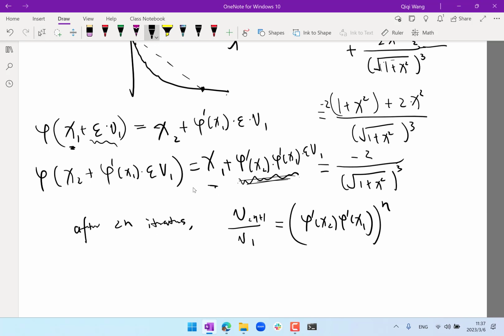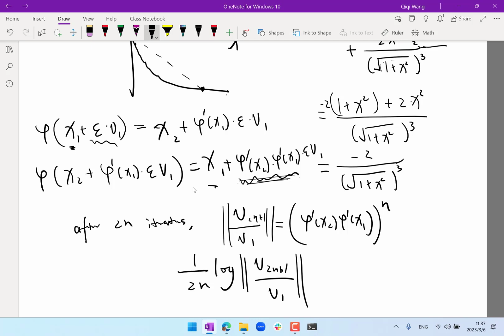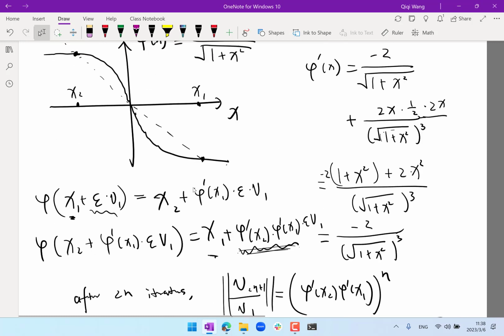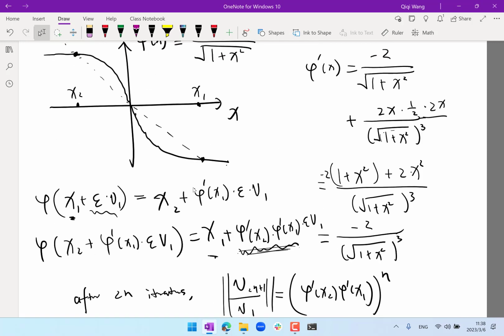Okay, so then the logarithm of the magnitude of this, the magnitude of v at 2n plus 1 divided by v1, divided by the number of iterations, which is 2n, would be the logarithm of the square root of phi prime x2 times phi prime x1, right? And here, in our case, the map is symmetric, and phi prime of x1 is the same as phi prime of x2, right?